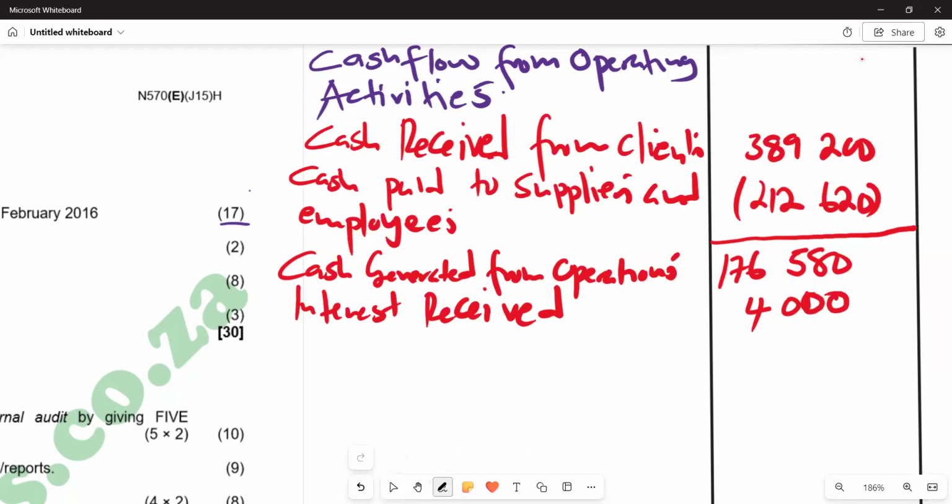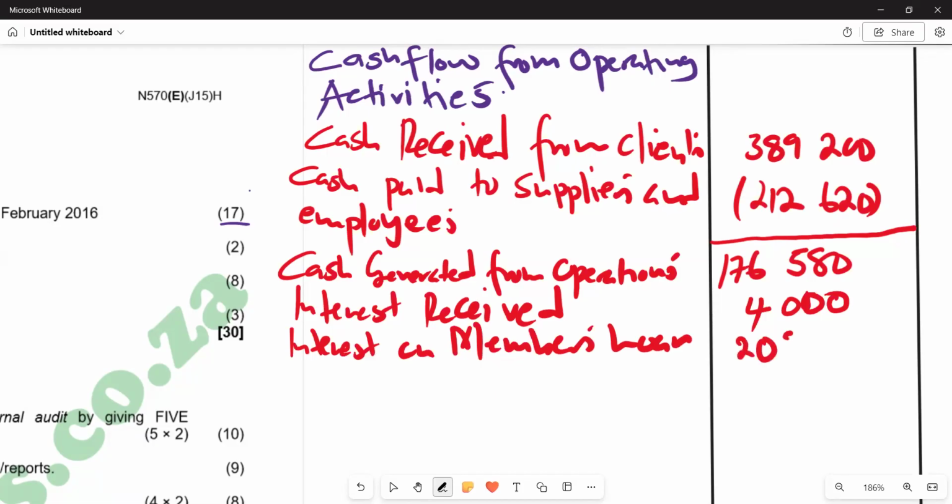And then I believe that also we have got our interest on members loan. So we can just say interest on members loan. The figure that we have for interest on members loan, remember, is 20,712. So we're going to have our 20,712, and as we indicated, it's an outflow, so we're going to show it as a negative.